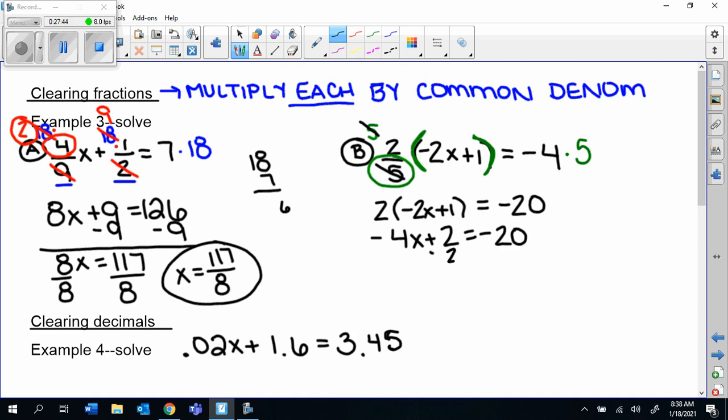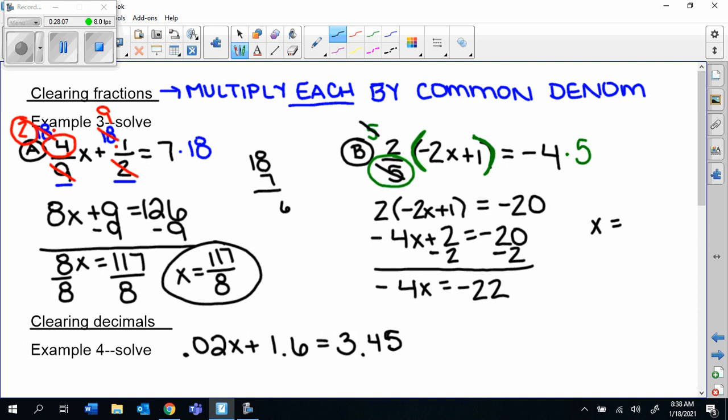And now I'm going to subtract this 2 to the other side. And I'm going to get negative 4x equals negative 22. And I'm going to divide both sides by negative 4. I'm going to run into my next problem here. So divide by negative 4, divide by negative 4.